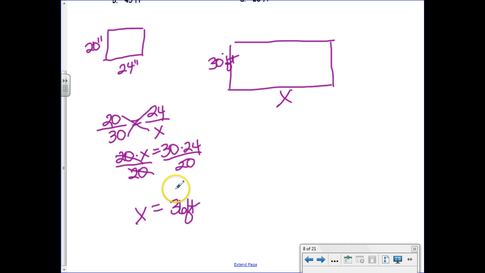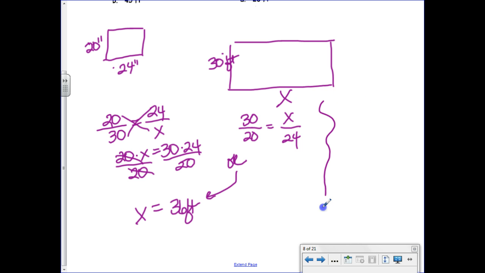Now, that was just one way to set it up. Some people might turn this upside down and say the big one width-wise to the little guy width-wise has to equal the big length to the small length. That way is fine and dandy. You're going to get the same answer. Some people like to just match up the parts within the same shape.